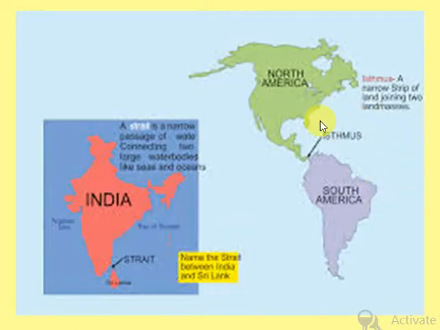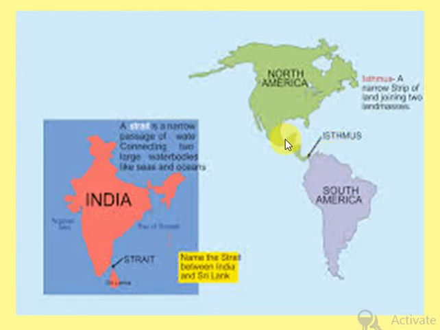So look at the picture carefully. North America and South America. So it is linked to South America by a very narrow strip of land called the Isthmus of Panama.